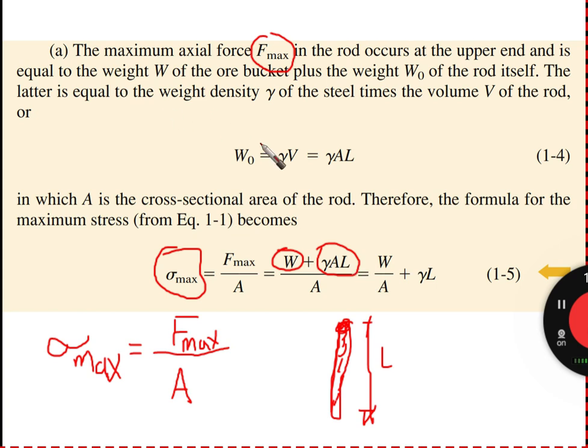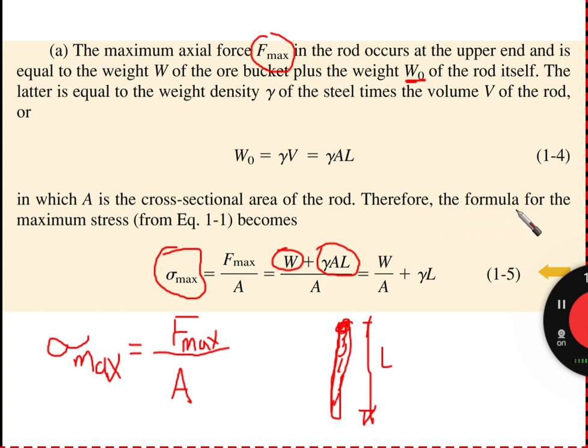So here we have W node, which is the weight of the rod. The weight of the rod equals gamma times V, and this gamma is something that we know. Gamma is the density of the material of the rod, A is the cross-sectional area of the rod, and L is the length of the rod.